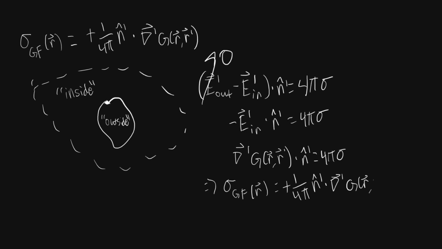So that's where that comes from. The book words this as the normal derivative of the Green's function being related to the surface charge it would induce by this whole equation.